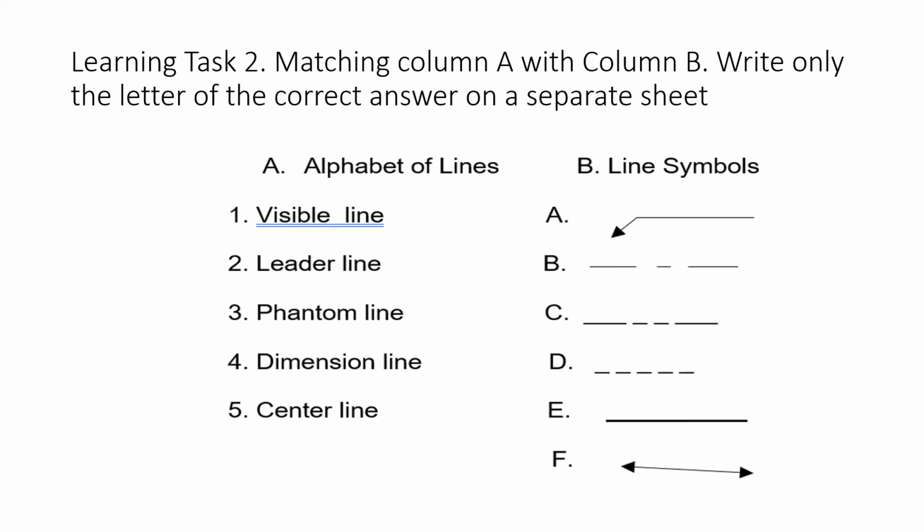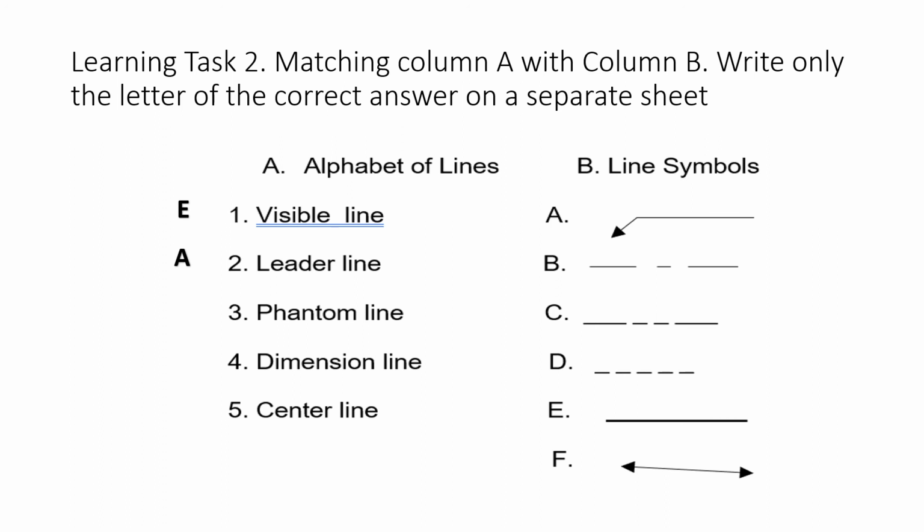Alright, time is up. Let us check your work. Visible line is letter E: straight, solid line. Number 2, leader line is letter A: inclined with arrowhead at the end.